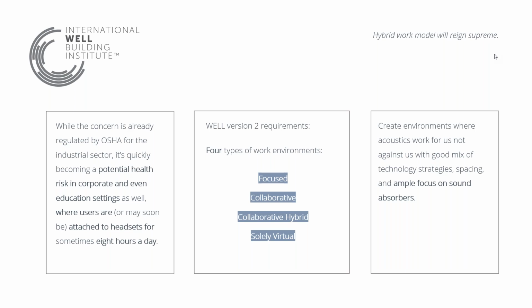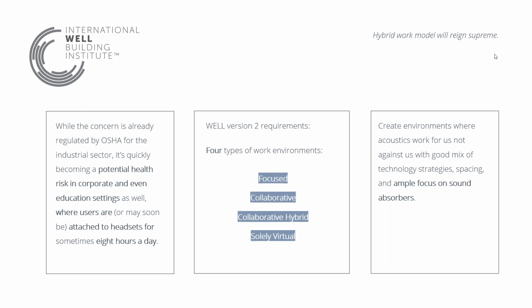The other change that we've seen is that the latest version of WELL actually defines and requires that spaces have 4 types of work environments, and they are different than they used to be, right? So the work environments now are, first, focused work, which we all know: don't distract me, I am one with my thoughts working on something complex.